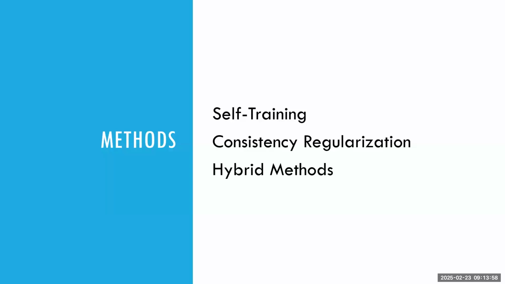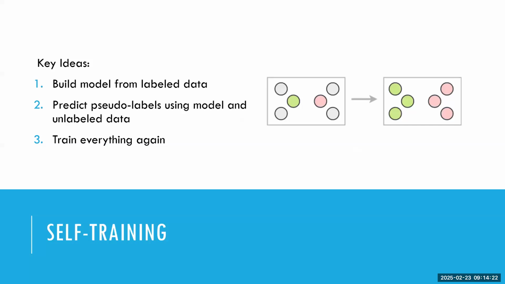We have consistency regularization, which does not train the model based on the labeled data, but tries to make sure that the first assumption is still correct. And then we have a hybrid method, which is a little bit of both. So let's start with self-training.